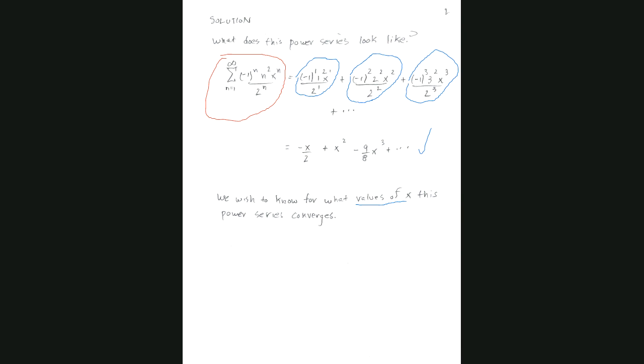Remember, convergence or divergence of the series is not dependent on the first 100, 1,000, 10,000, million terms. The convergence of the power series depends on how the terms of the series behave when n gets very large.